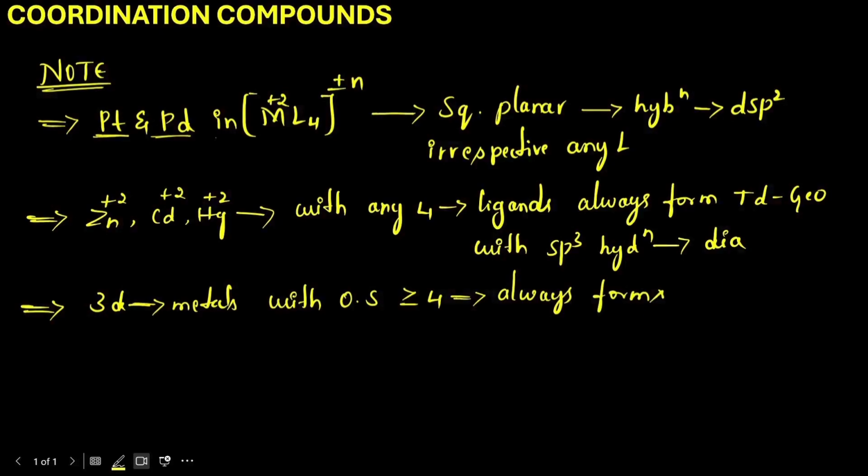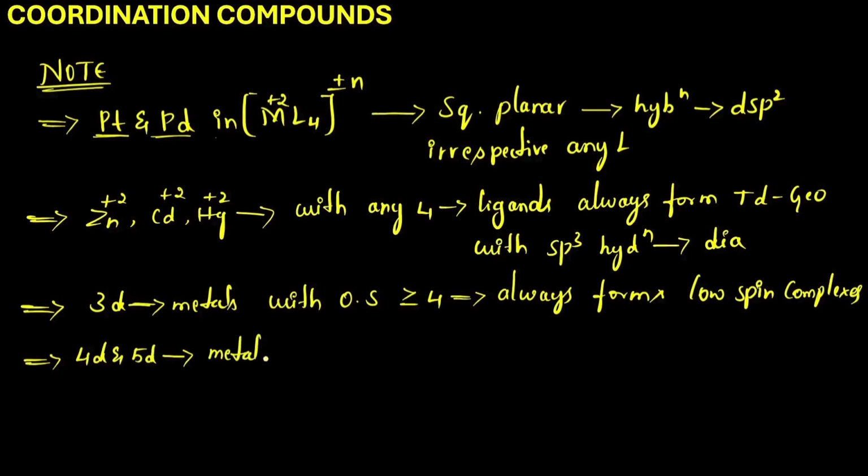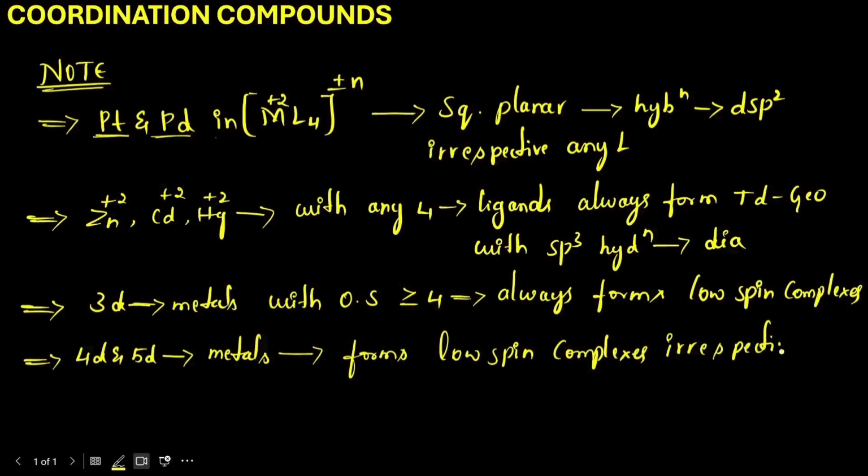And next one is 4d and 5d transition metals form low spin complexes, irrespective of any ligand. These are the important points you have to remember.